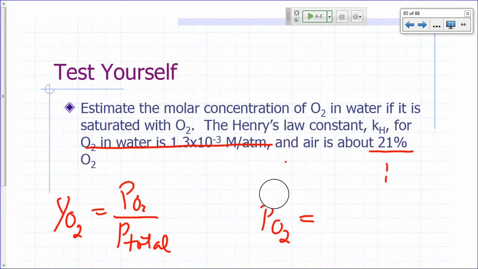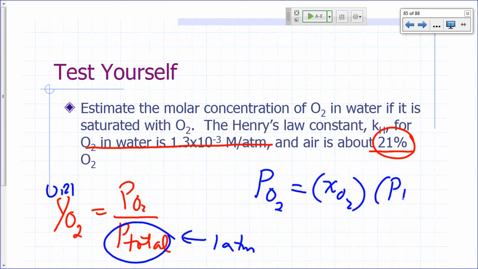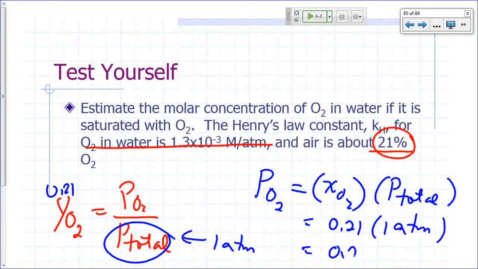And you're given that the mole percent is 21%, so your mole fraction is 0.21, and your P total is 1 atmosphere. So partial pressure of oxygen in the atmosphere is mole fraction of O2 times the atmospheric pressure. So it's going to be 0.21 times 1 atmosphere, so 0.21 atmosphere.